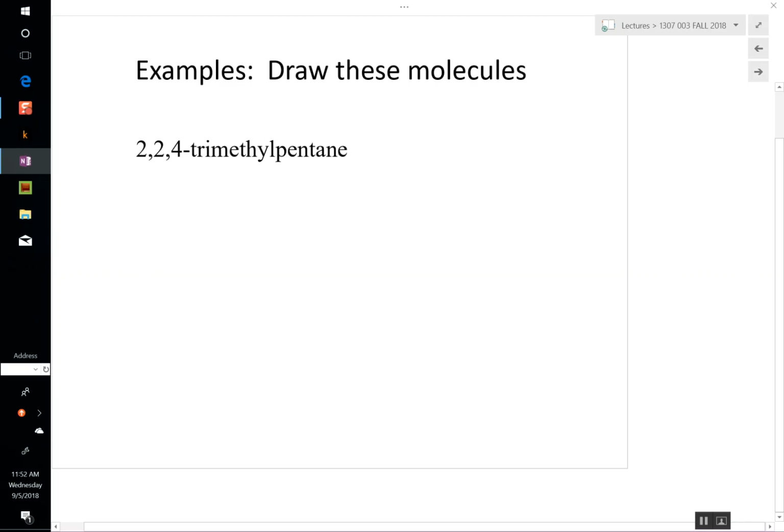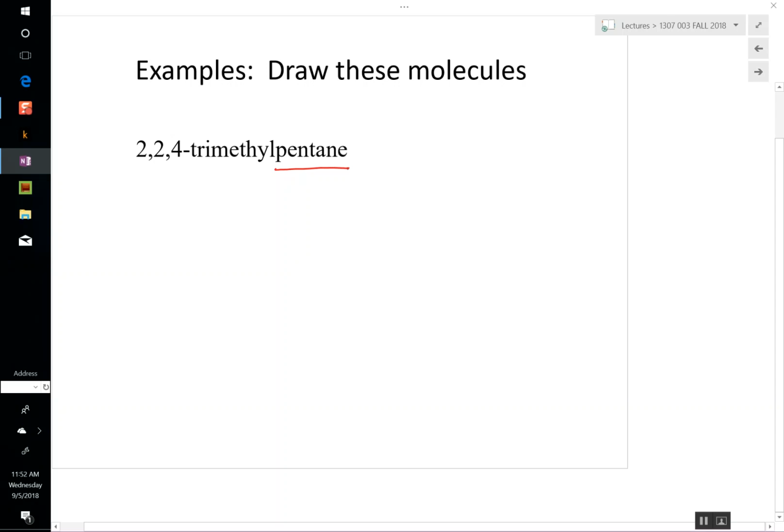All right, let's draw a molecule. Let me draw this one, and then I'll give you one to draw. I'll show you how I would approach the name of a molecule. I'm going to look at the parent name first, deal with the substituents second, and then fill in the hydrogens third.